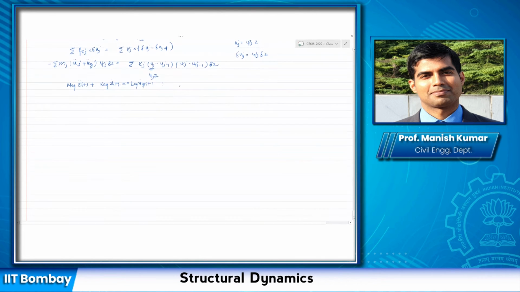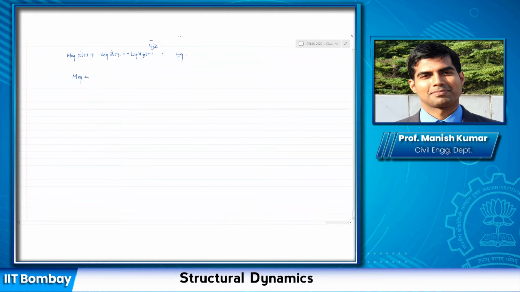This is the equation of motion that I'll get, where m equivalent, instead of the integration sign, now you have the summation sign. Okay, it would be the mass at the jth story times the shape coordinate at the jth story squared, j equal to 1 to the number of stories.